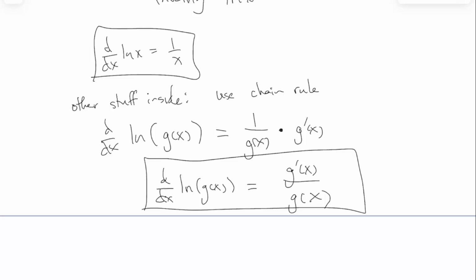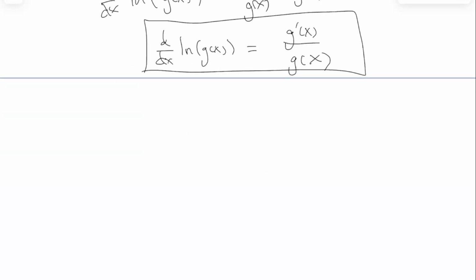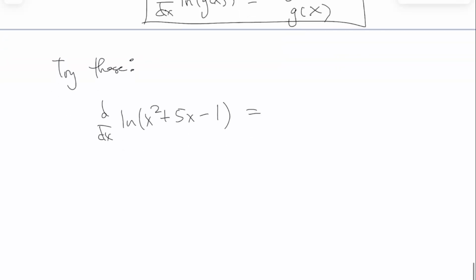All right? I've got a few simple derivatives for you all to try involving the natural log. Try these derivatives. These are probably, I hope, things that you already knew how to do before today, but just so that we're all on the same page here.